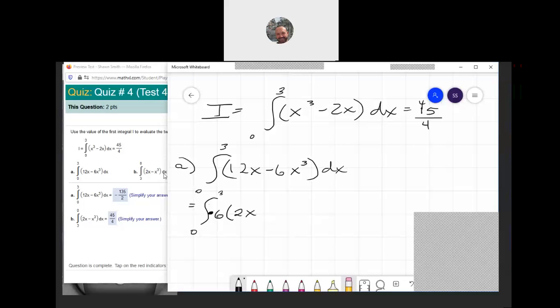I'm trying to make it look more like what was given. So taking out +6, 6 times 2x is 12x, and 6 times -x cubed. Actually, I should have put -6. I'm looking at the wrong one, sorry. Let me just erase this. There we go.